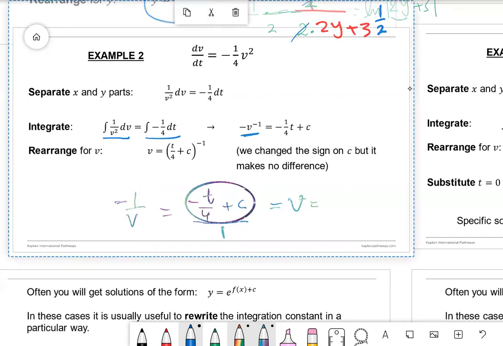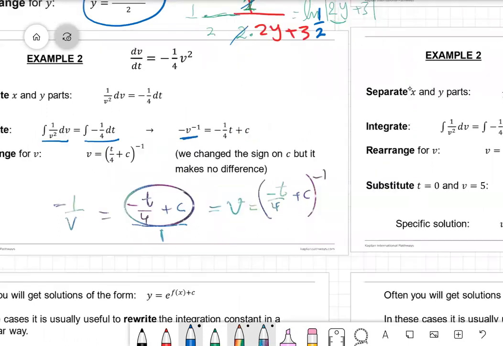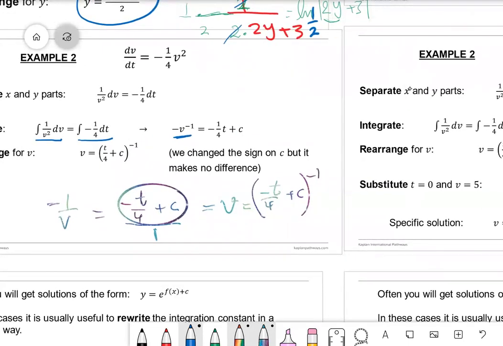So v will be 1 over this term, so it's minus 1 over 4 t plus c, to the power minus 1. And because we have minus here and minus here, this becomes plus. So that's why we get v equals t over 4 plus c to the power minus 1.